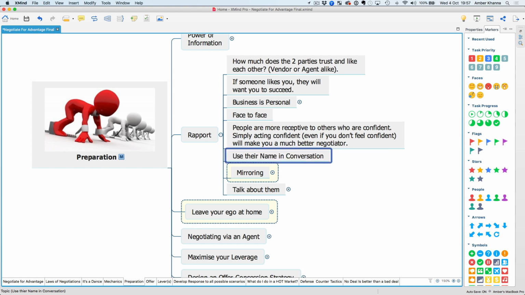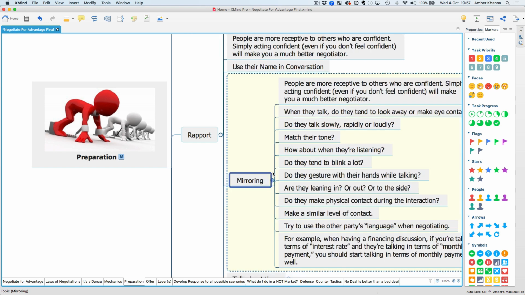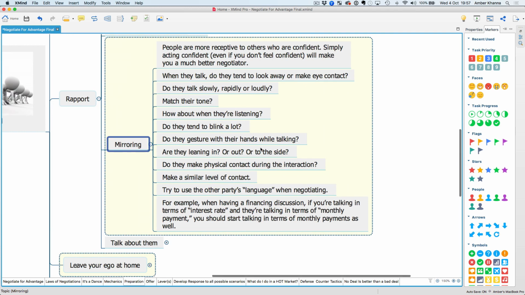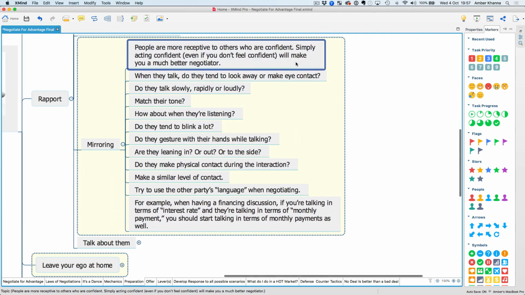I spent the time to learn, and a lot of investors saw that confidence and wanted to get into the project with me. I was able to talk my way through all of this. At the time, it was my second development, a no money down deal in 2014. So people are more receptive to others who are confident.